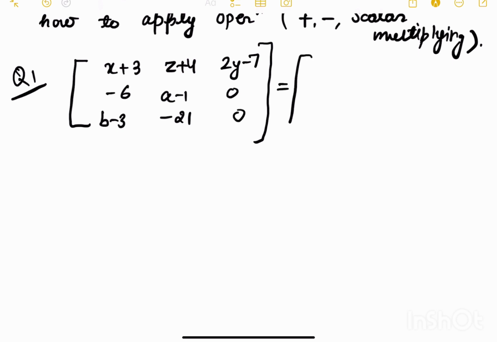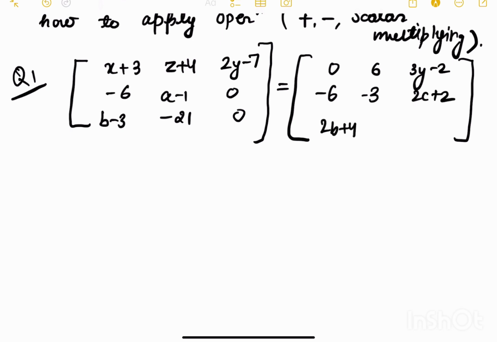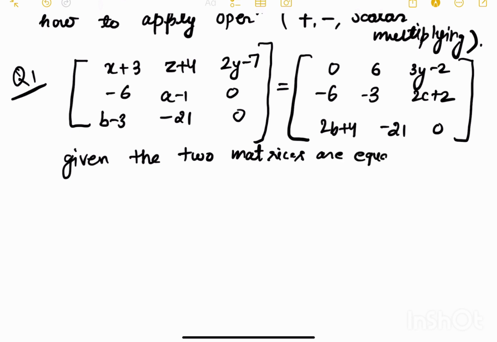Now this is given to be equal to another matrix: 0, 6, 3y minus 2, minus 6, minus 3, 2c plus 2, 2b plus 4, minus 21, and 0. It is given that the two matrices are equal. I hope that is clear, because we are simply given this expression with the equality sign. So it means that these are equal.